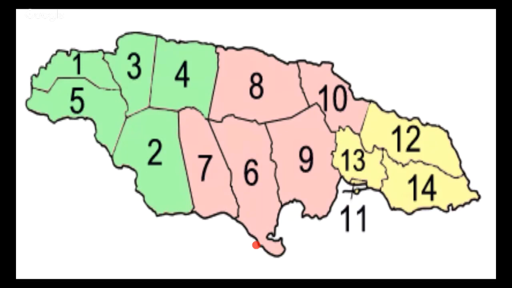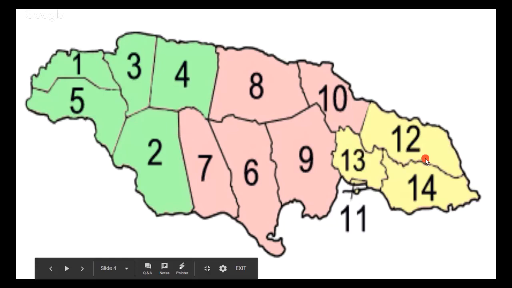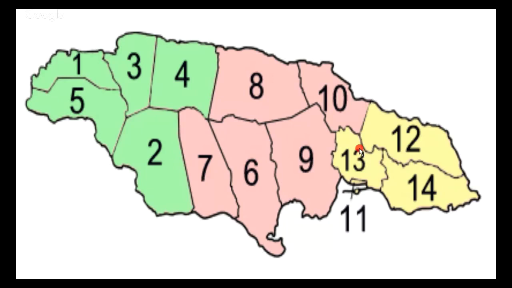All right, so Jamaica is divided into 3 counties. The county that has the yellow, what county would that be? See yellow over here? Okay, all right. So parish number 13, 12, and 14 would make up what?